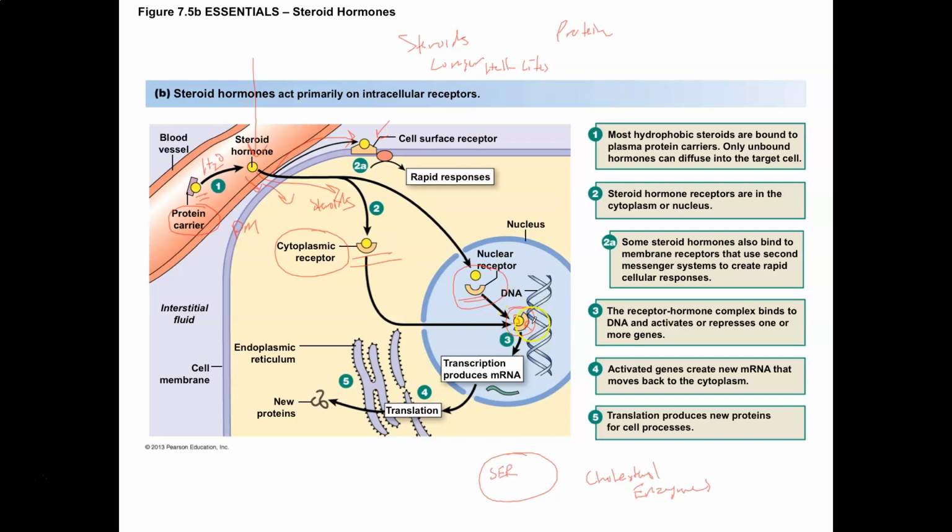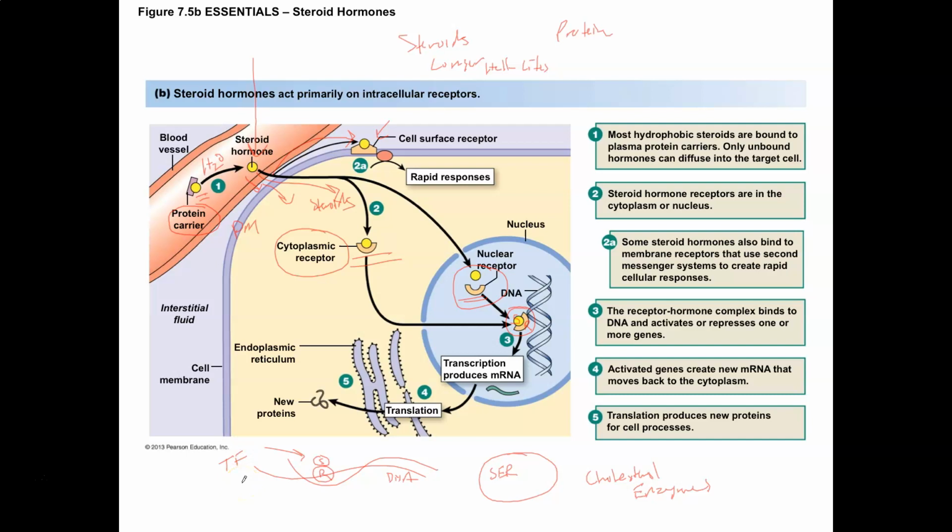And what it's doing is it's actually interacting with the DNA. So if we draw DNA like this, and you have this steroid with its receptor interacting with the DNA, then what you're looking at here is a transcriptional factor. I'll just mark it as TF.